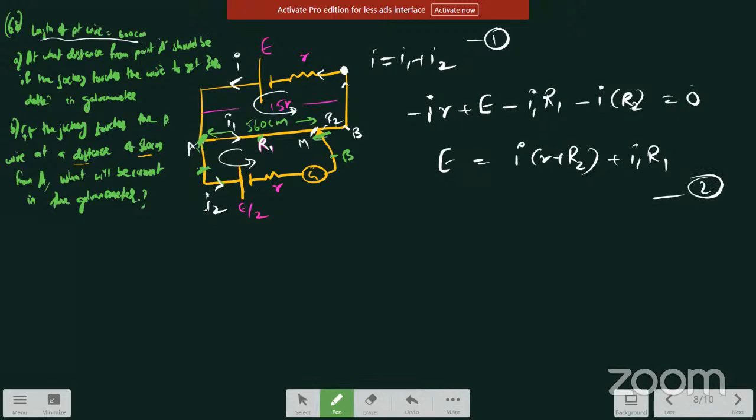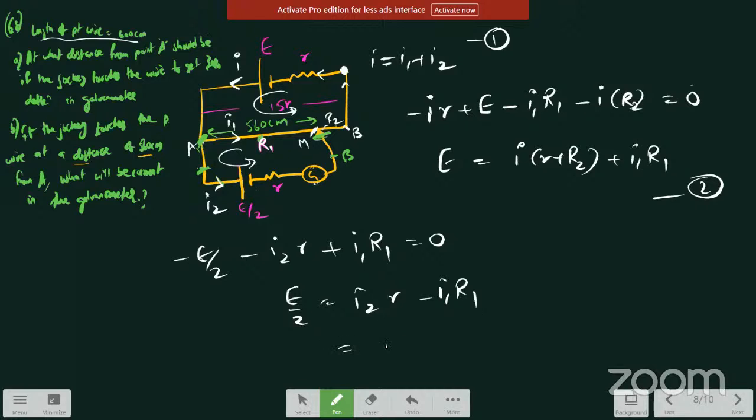Now apply KVL here. Starting from point A, we get minus E by 2, and the current is flowing in this direction, and we are also going in that direction. So minus I2 R, and the galvanometer has no resistance, so ignore it, and coming back to this point, plus I1 R1 is equal to 0. So E by 2 is equal to I2 R minus I1 R1.